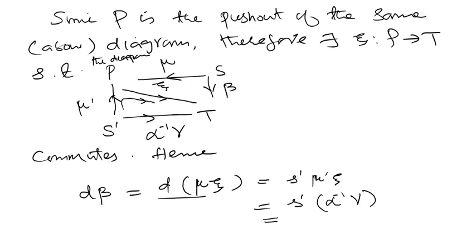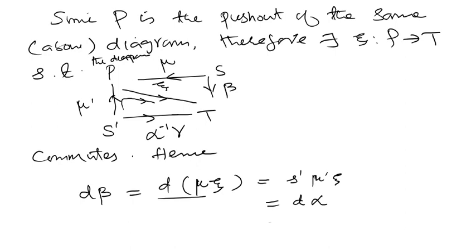Again you can apply the definition of s prime. Let's erase this first. So we have s prime mu prime zeta, and this s prime is equal to d alpha. Why is s prime equal to d alpha?